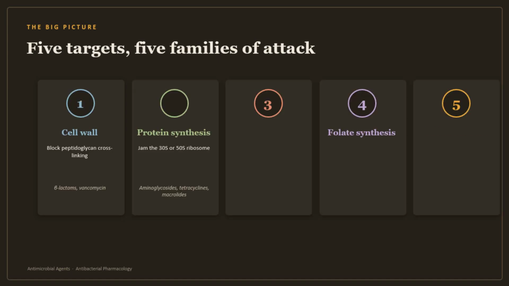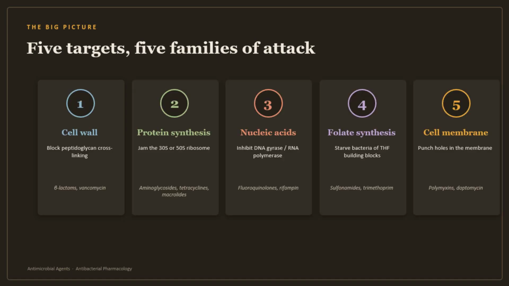Now here's the big picture, the slide I'd frame and hang on the wall, because this single idea organizes the entire lecture. Every antibacterial drug attacks one of 5 targets. That's it. 5. Target 1, the cell wall, where drugs block peptidoglycan cross-linking.